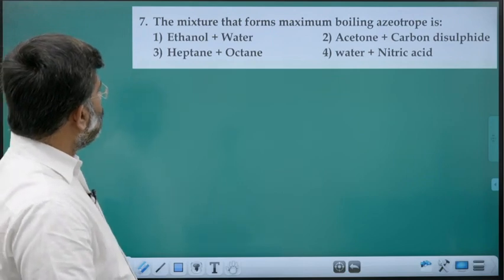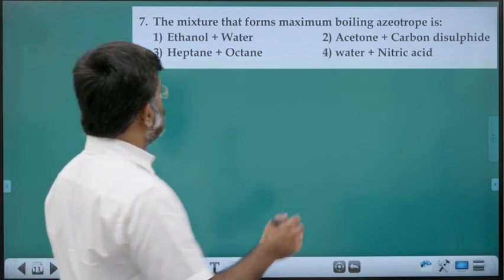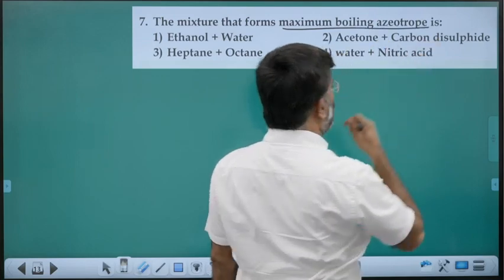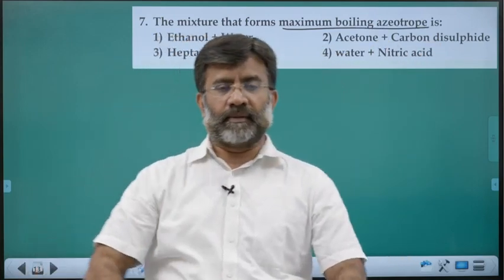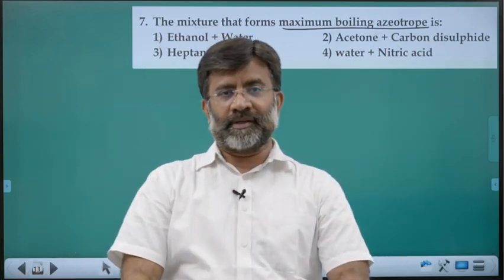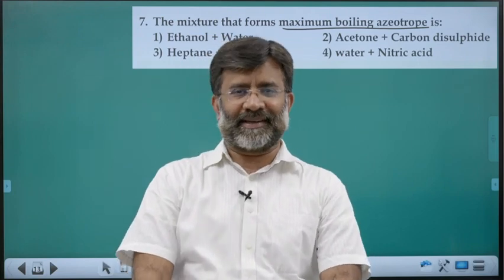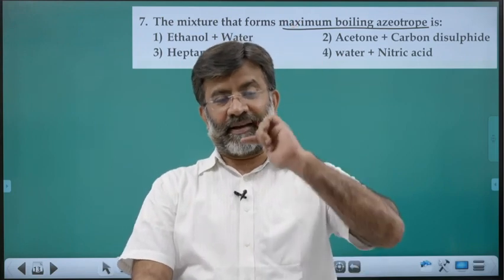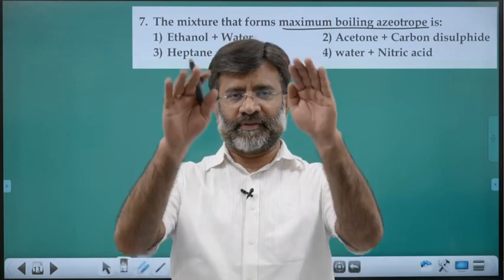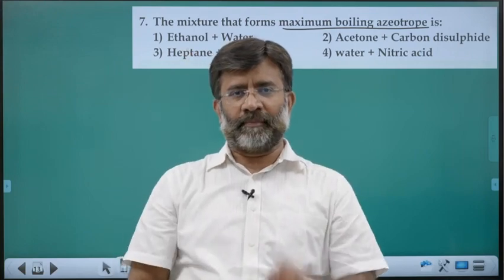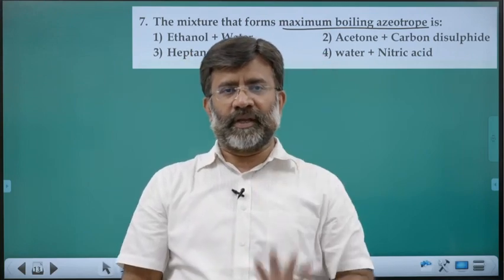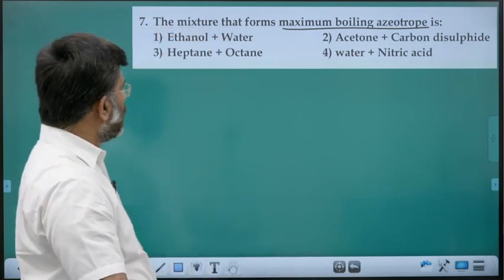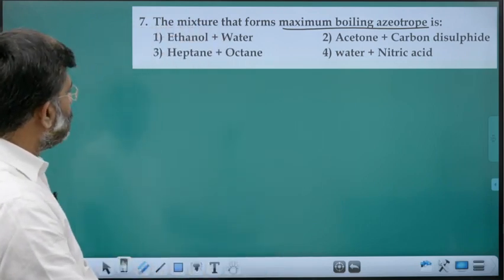The mixture that forms a maximum boiling azeotrope. Maximum boiling azeotrope means positive deviation or negative deviation? Higher boiling azeotrope means vapor pressure is low, that means a negative deviation. So which of the following shows negative deviation?